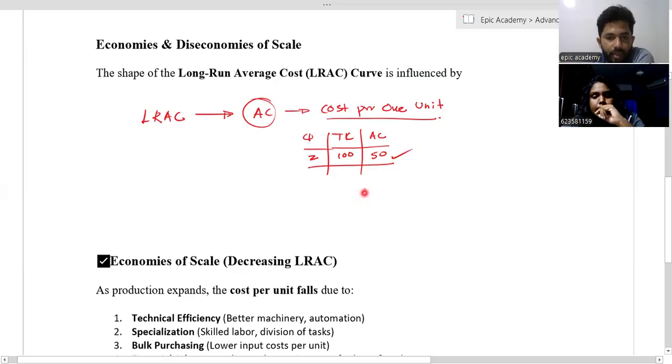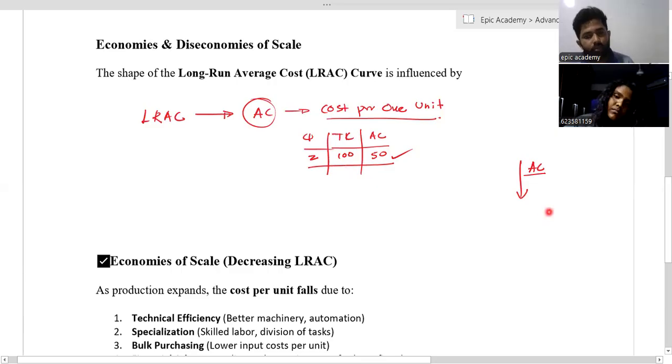So just consider, if you can reduce the value of the average cost, is that favorable for the producer or not? Favorable, yes.